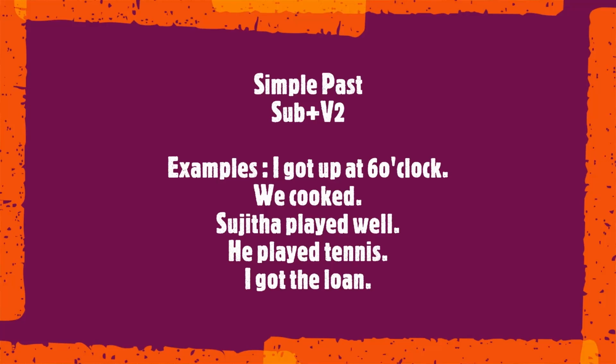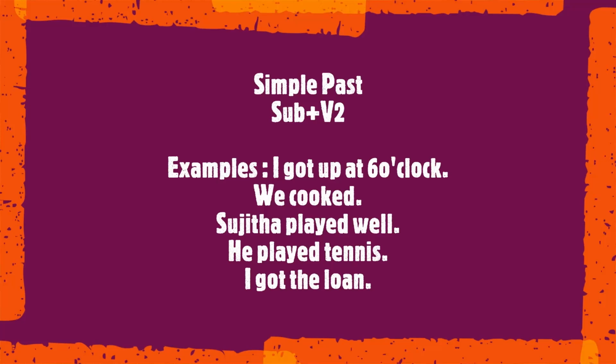So let's check some examples. We know that with all subjects we need to use the past form of the verb, that is V2. Bear in mind, it's an easy way. First example: I got up at 6 o'clock yesterday.